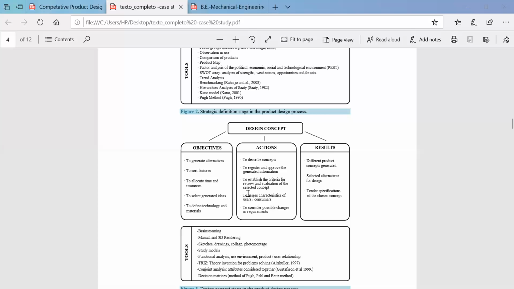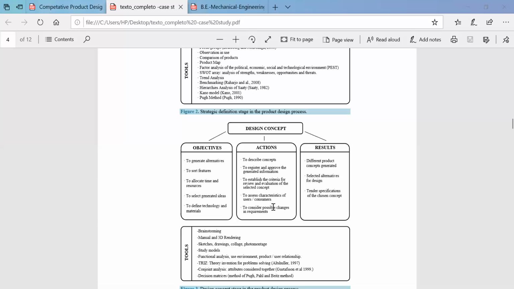Then, to assess the characteristics of users and consumers. Okay, once this concept design has been approved under the review and evaluation process, it will be assessed against the needs of the consumers or the users, to see whether it maps exactly to what the consumers needed. If that is done successfully, it will be carried out further.